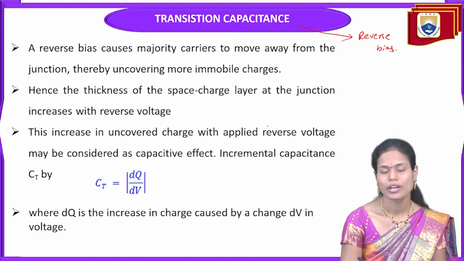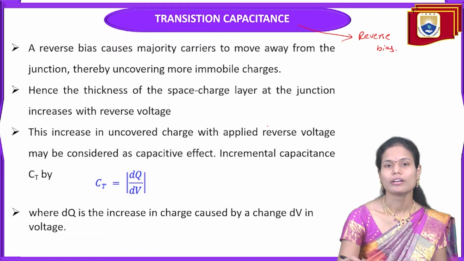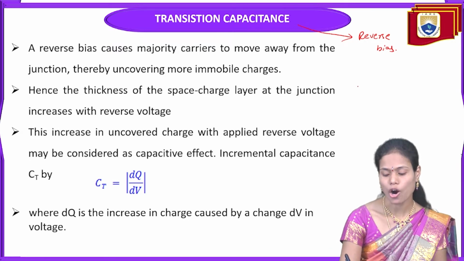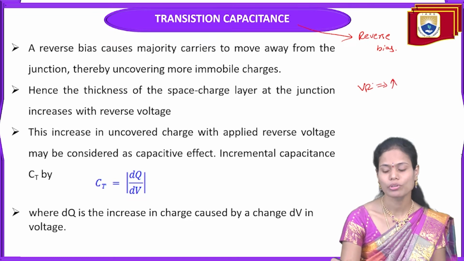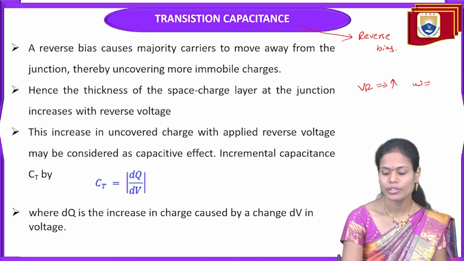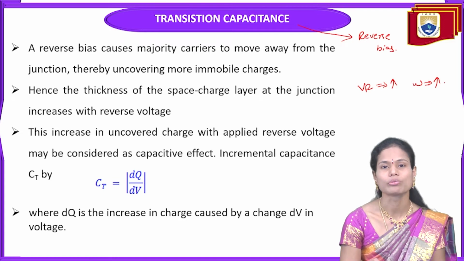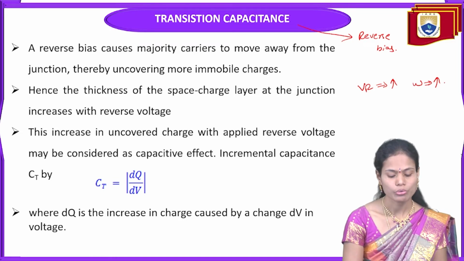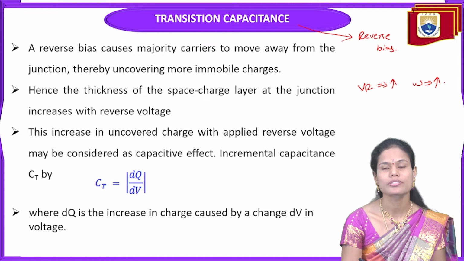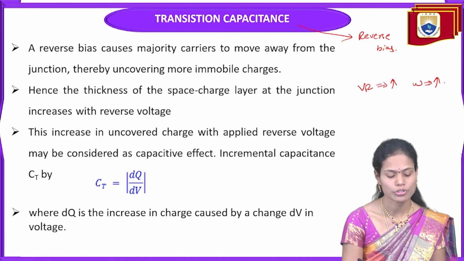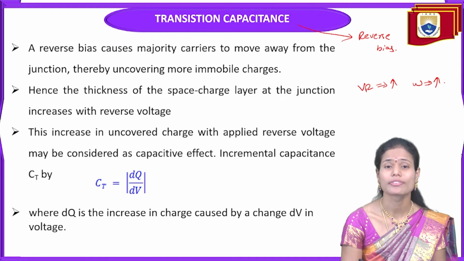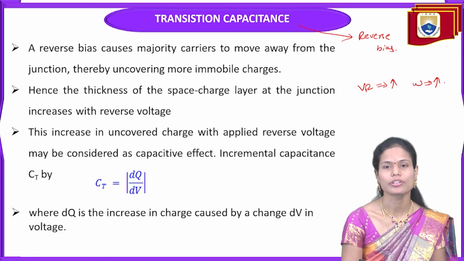How much extent it is increasing depends upon how much reverse voltage we are providing here. If the reverse voltage is increasing, the width of the depletion region also increases here. So the increase in the uncovered charge with applied reverse voltage is considered as a capacitive effect in the case of a reverse biased PN junction diode.